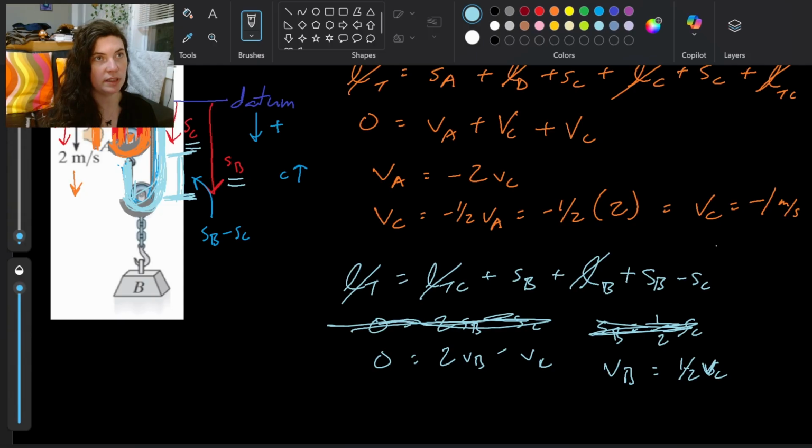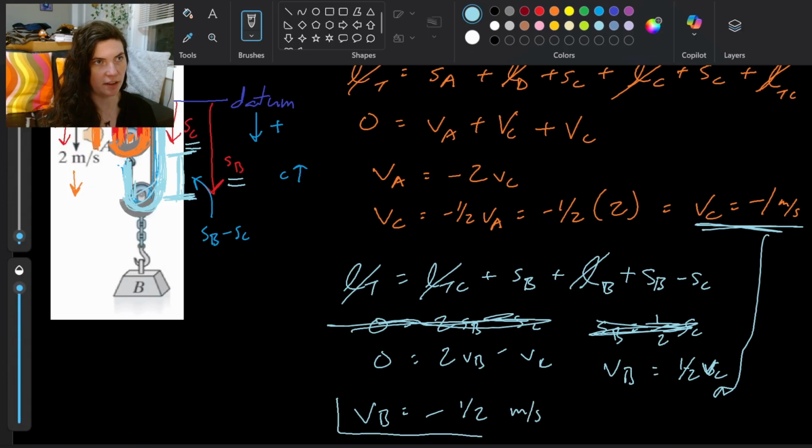Since we have VC, we can plug it into this and find the speed at B. So 1/2 of VC is going to be negative 1/2 meters per second, or negative 0.5 meters per second.